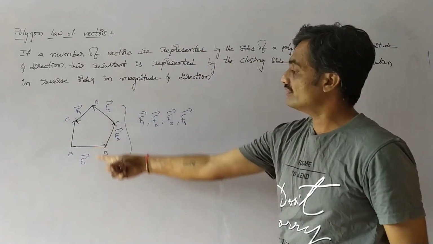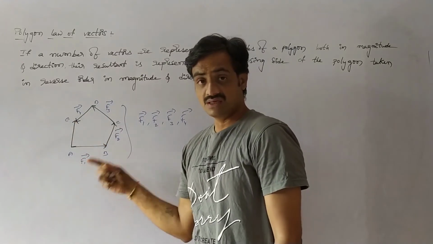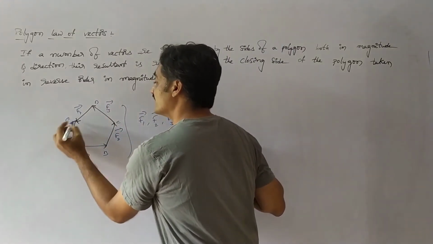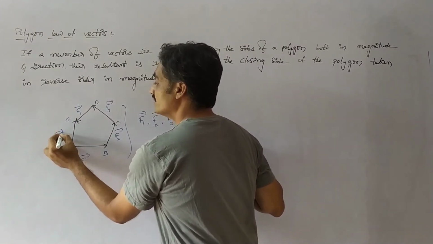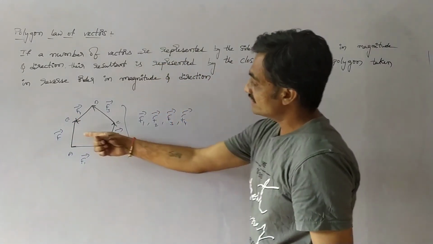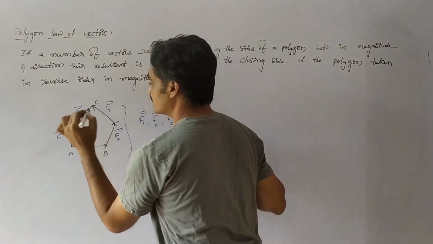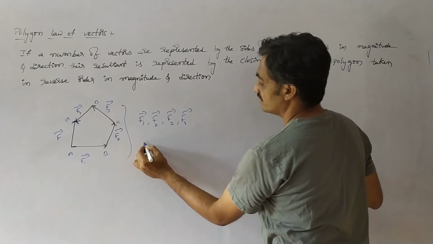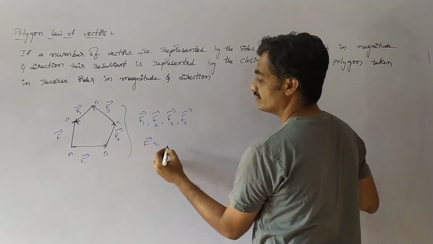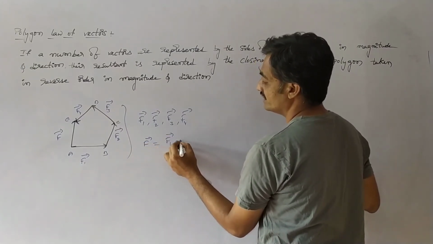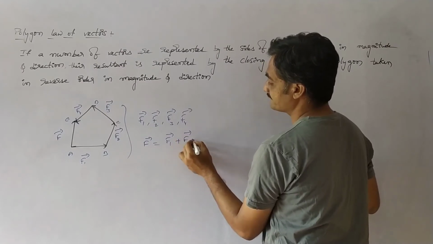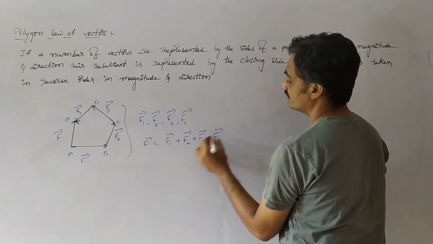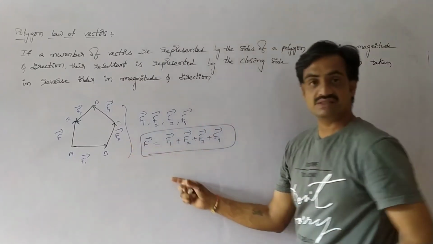Then the resultant of all these vectors is represented by the closing side of the polygon in reverse direction. Observe that the direction is reversed. So the resultant of these vectors is given as f bar equals f1 bar plus f2 bar plus f3 bar plus f4 bar. In this way we can represent the result.